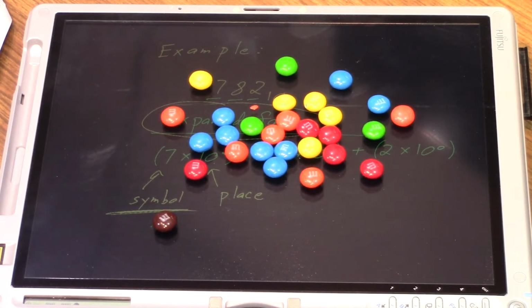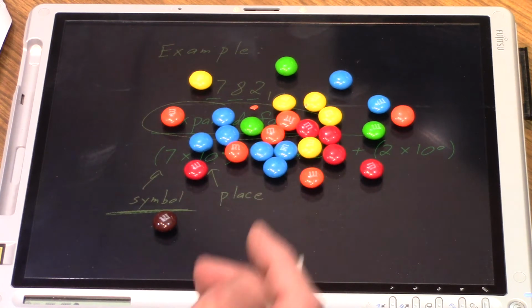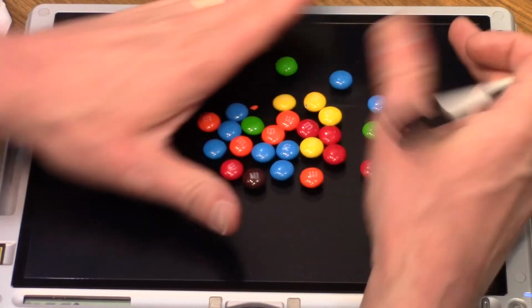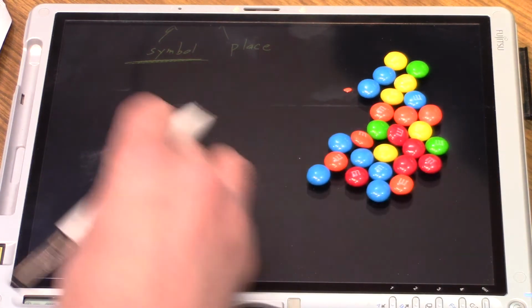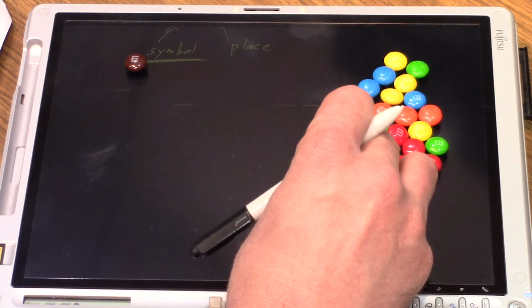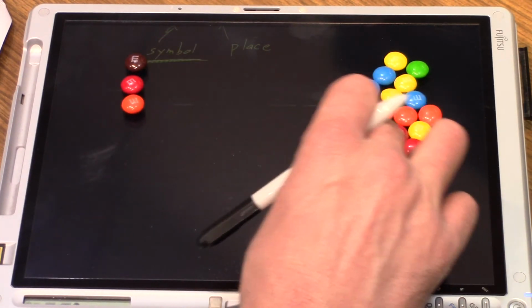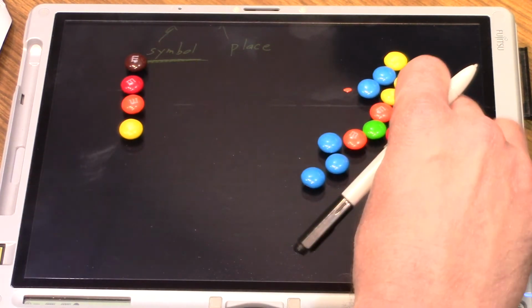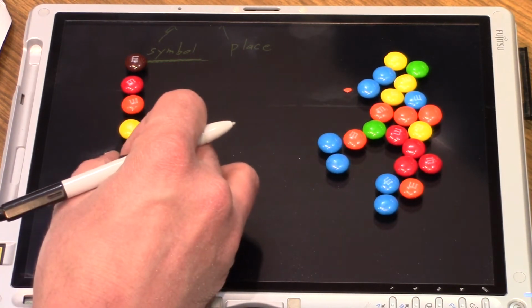Okay. Now, in this number system, we're going to use color as a symbol. So let's start with brown as the first symbol, red, orange, yellow, green, and blue.